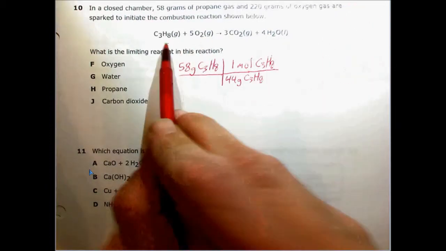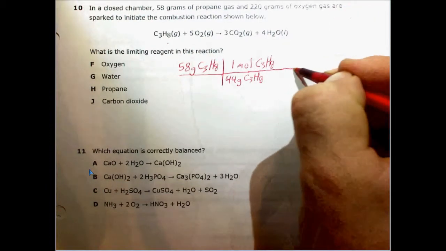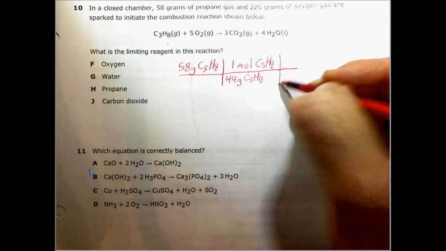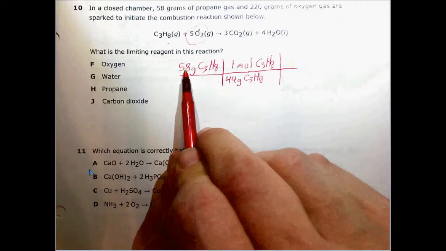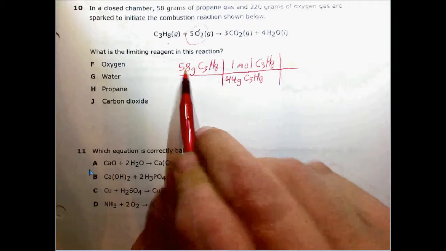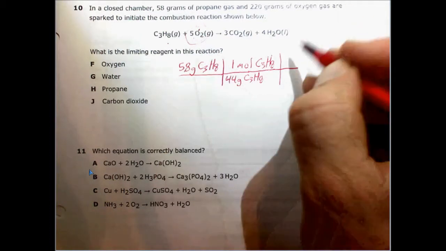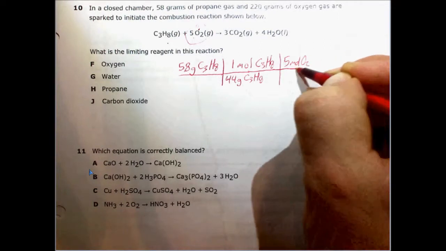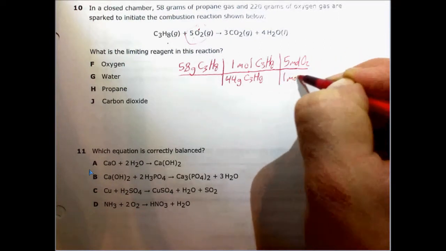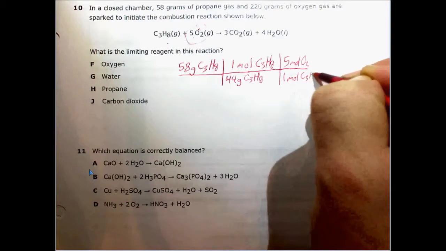Now, rather than do this equation twice, I can figure out how much oxygen I would actually need given this amount of propane. So let's look at the mole ratio of oxygen. 5 moles of oxygen for every 1 mole of C3H8.